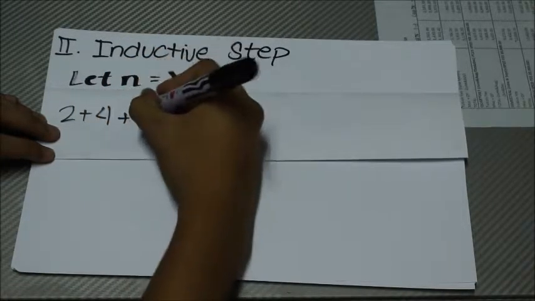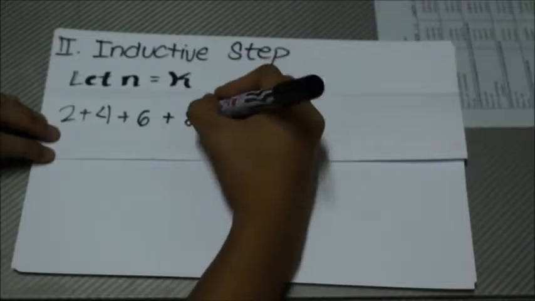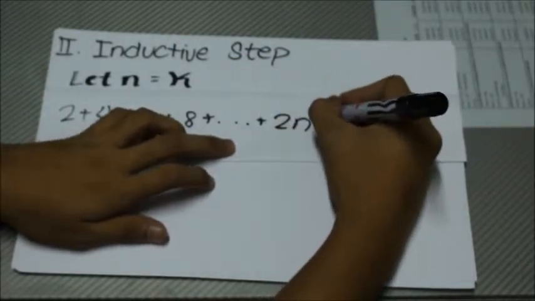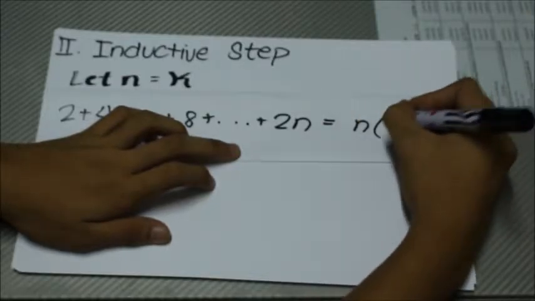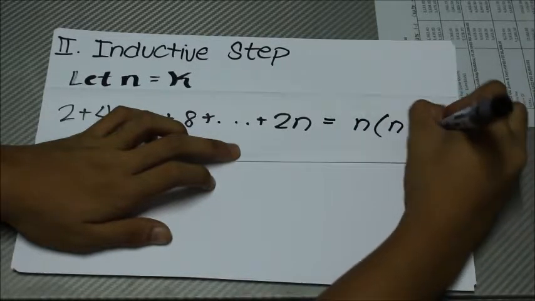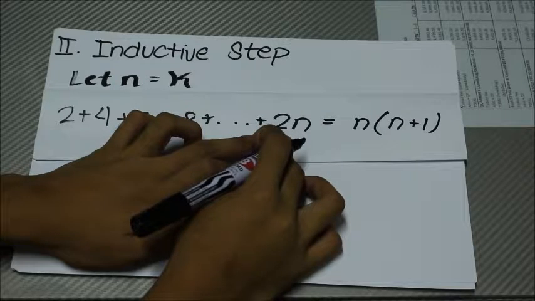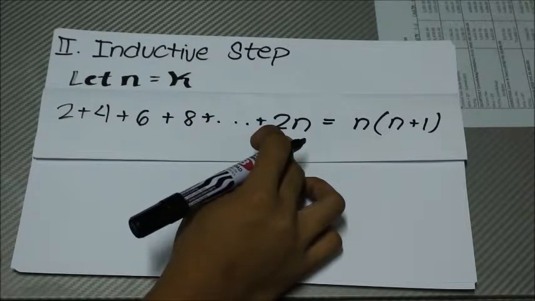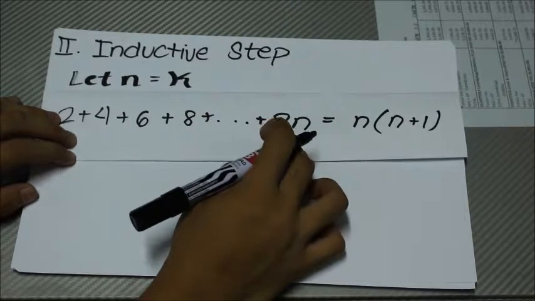So 2 plus 4 plus 6 plus 8 plus up to 2n is equal to n times n plus 1. Don't forget that I just derived 2n from the arithmetic sequence formula. So, next, we're going to replace the values of n by k.